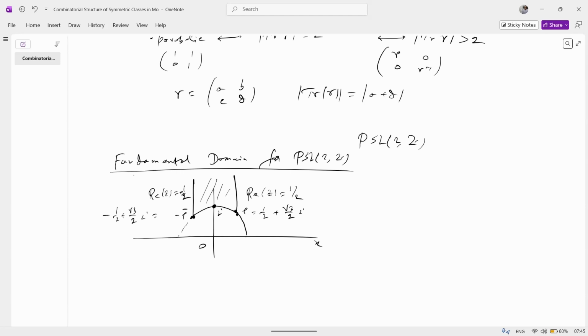So that means PSL2Z tessellates the whole hyperbolic plane by translating this domain using its action on the upper half plane.